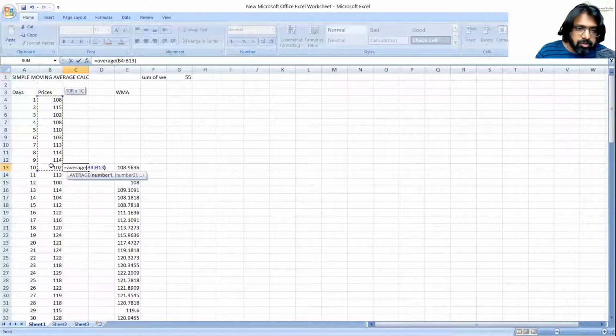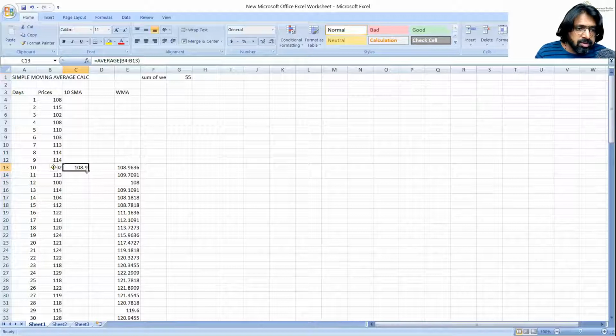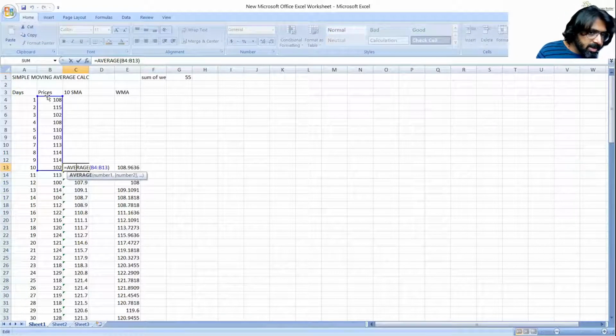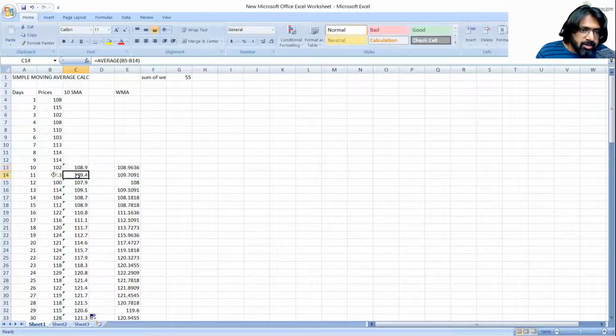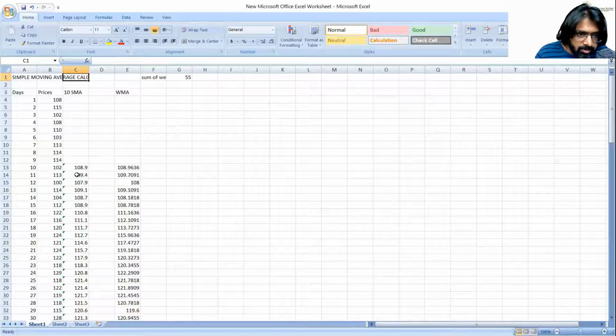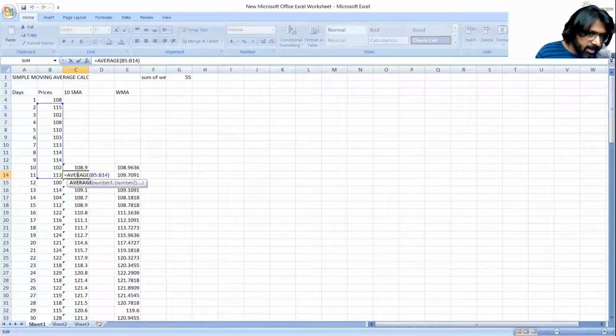And when you give closing, it will take the average of the last 10 days closing prices. So here you can see day 1 to day 10, their prices have been averaged. On the next day, you can see day 2 to day 11 prices have been averaged.